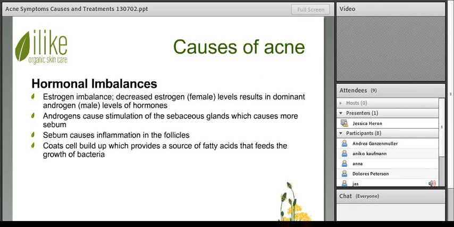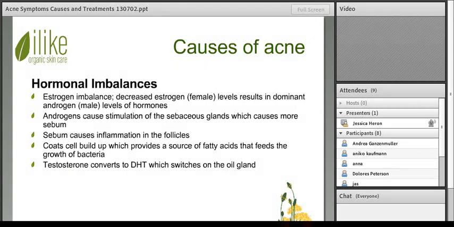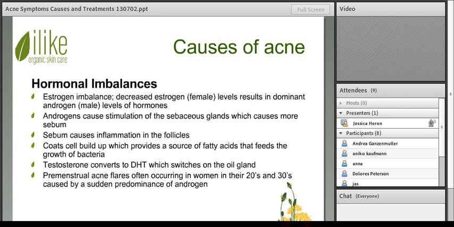So androgens cause stimulation of sebaceous glands, which causes more oil. Sebum causes inflammation in the follicles, and it coats the cell buildup, which provides those fatty acids that feed the growth of the bacteria. Testosterone converts to DHT, which switches on the oil gland.